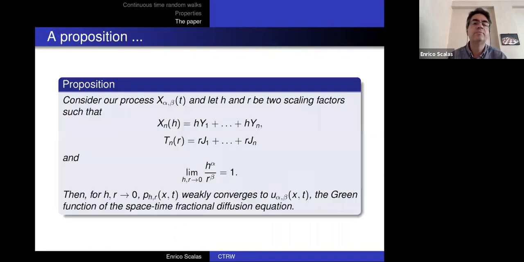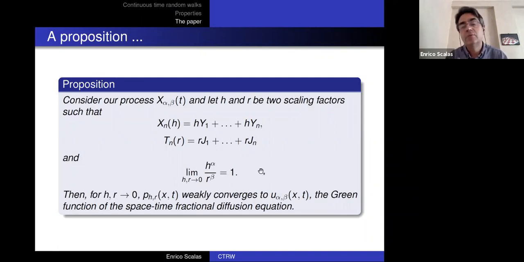Now, what we are doing, we are introducing two scaling factors. We rescale the jumps, and we rescale the waiting times, and then we let h and r vanish, but not independently, in a way that h to the alpha divided by r to the beta is equal to 1.